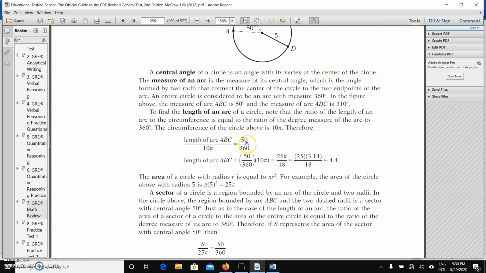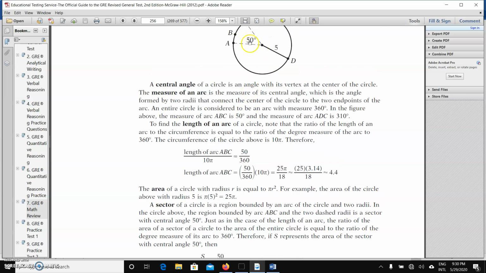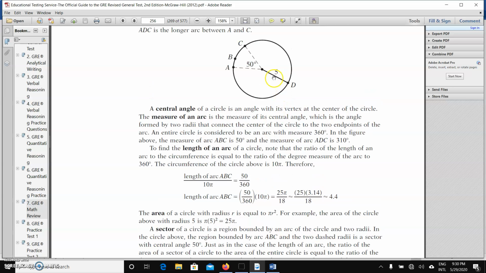For the length of an arc, we use the formula I gave you, which is theta over 360 times 2 pi r, right? Now, using it with this circle, 50 over 360 times 2 pi r, where r is 5. So 2 times 5 is 10 pi.